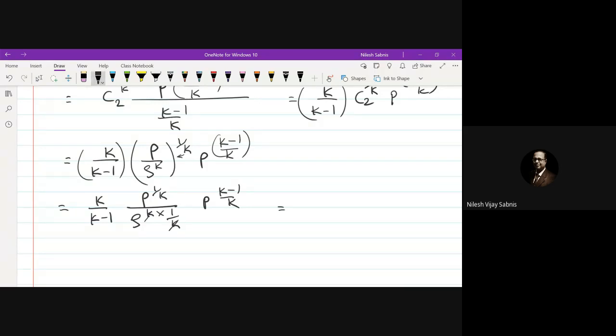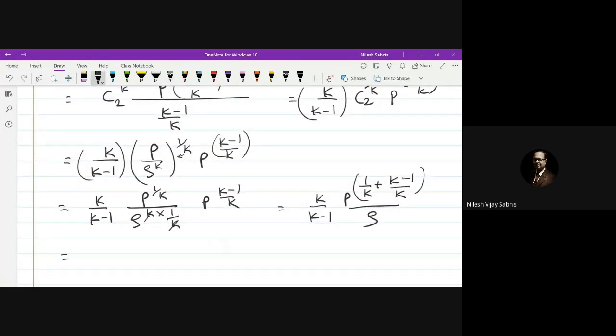So what you will get further? K upon K minus 1, P, overall P is nothing but 1 by K plus K minus 1 upon K, correct, divided by rho, taking these two together.